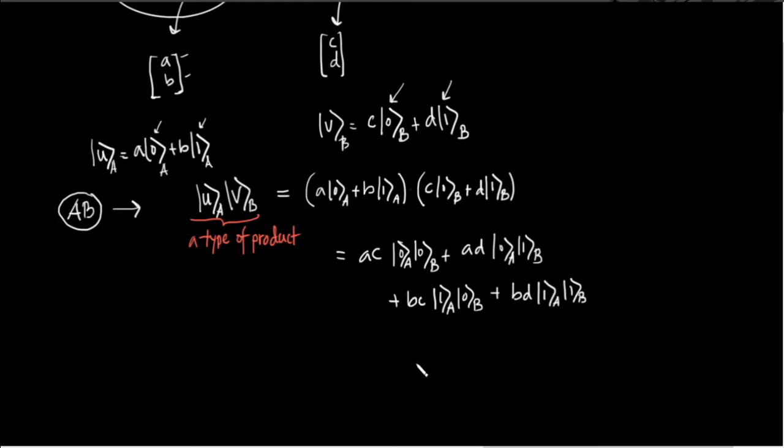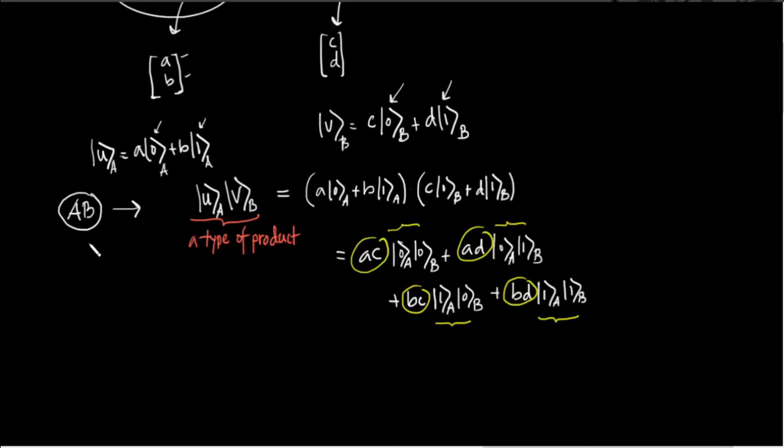To express this vector we actually need four numbers. We need this number, this number, this number and this number. So in this combined space, what are our basis states? These are our basis states: 0A0B, 0A1B, 1A0B and 1A1B.